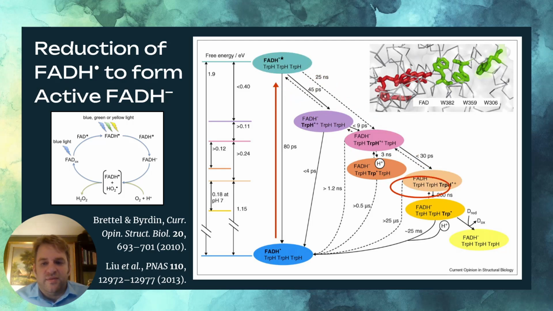And it can basically undergo an electron transfer cascade to produce the FADH minus fully reduced state, which is now the, shall we say, locked and loaded form of FAD in the enzyme, which has the electron ready to fire into the DNA to repair a DNA lesion.